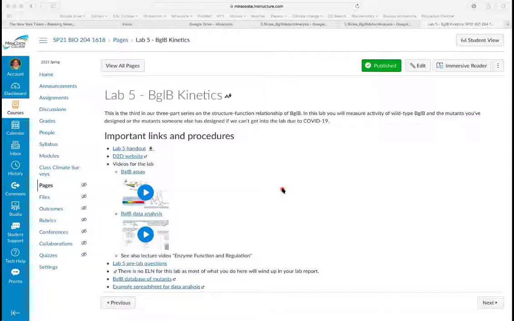And so where do you get that raw data? Well, you can probably figure, by the fact that you're looking at a Canvas page, that there are links on the Canvas page that will take you there. So this is the link to the lab handout. This is a link to the D2D, Design to Data website. That is the umbrella organization that is crowdsourcing this investigation of BglB.